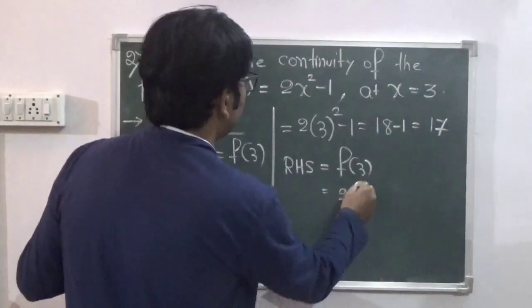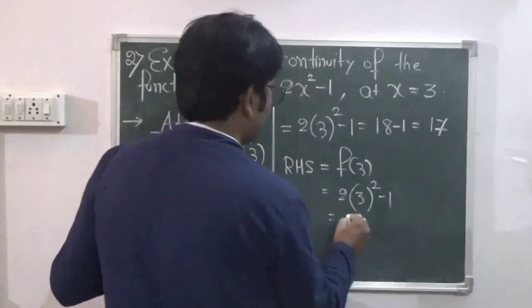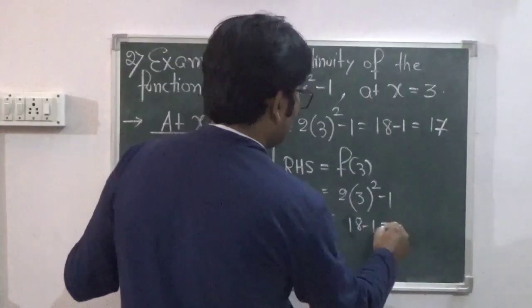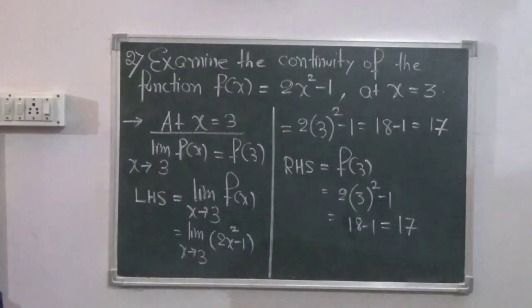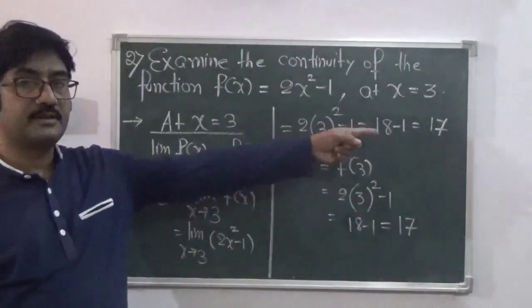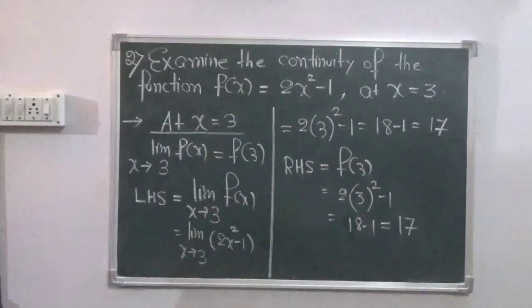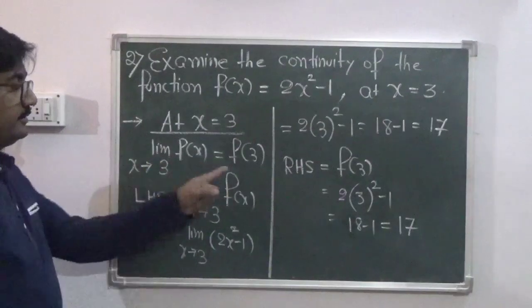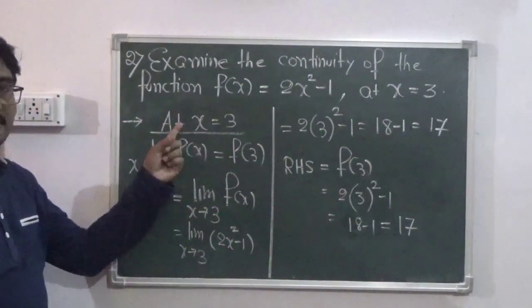That is 2 into 3 square minus 1, that is 2 into 9, 18 minus 1, and that is equal to 17. So we see here also the left hand side is equal to 17 and the right hand side is also 17. So we have limit x tends to 3 f(x) equals f(3). Hence the function is continuous at the point x = 3.